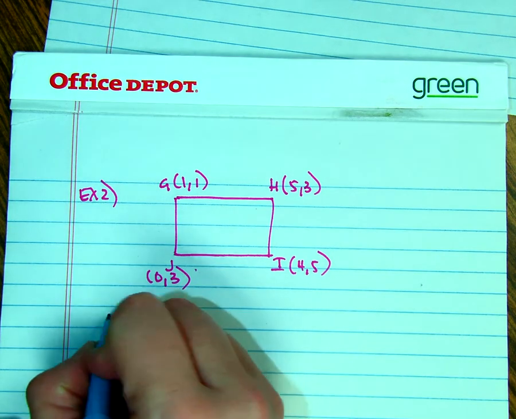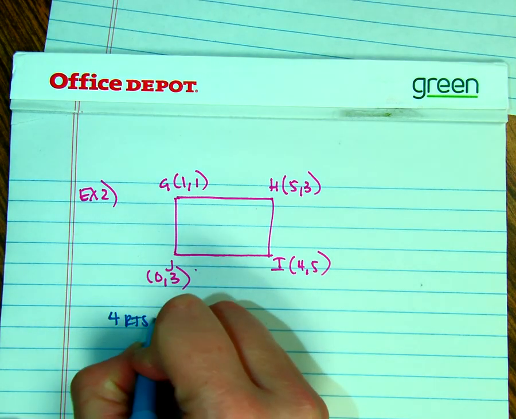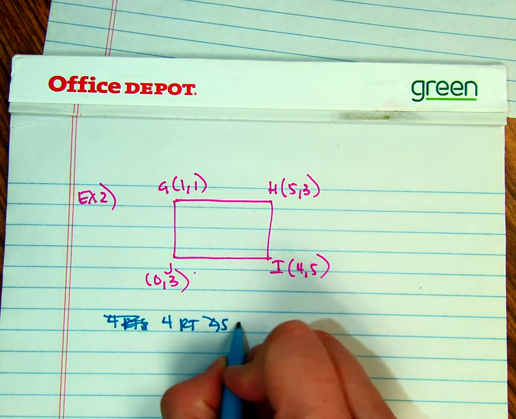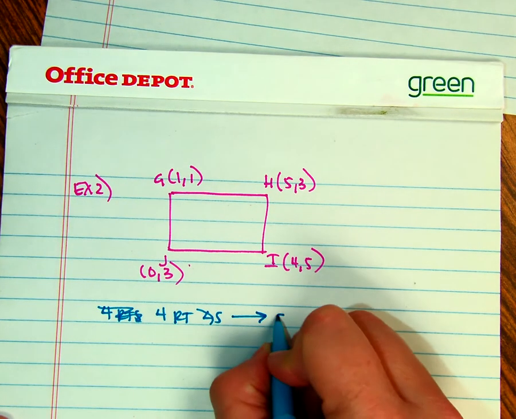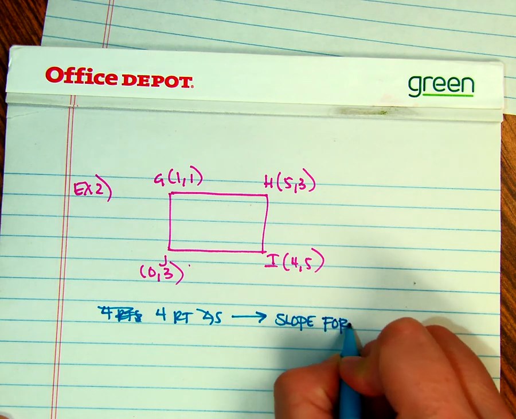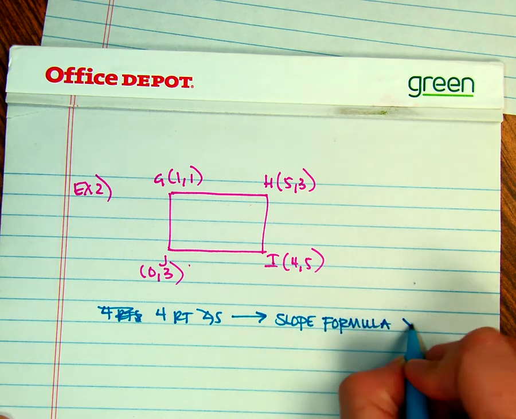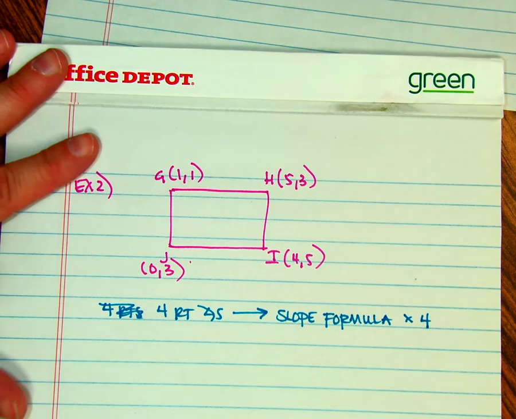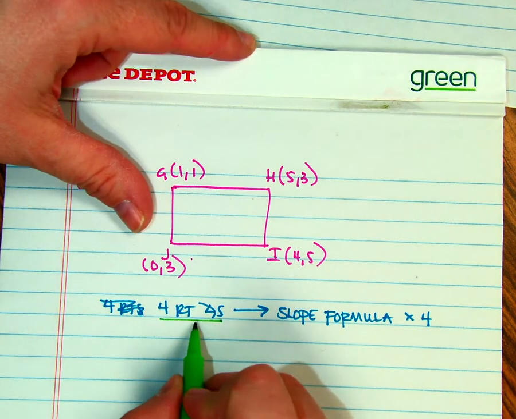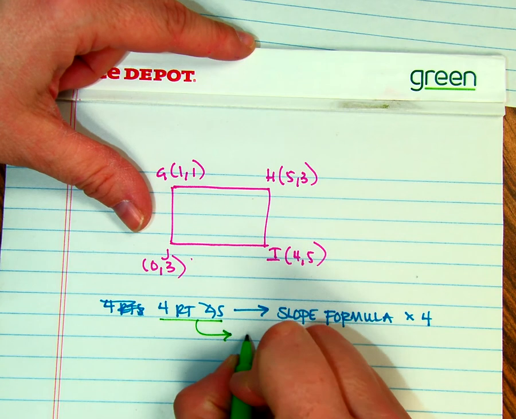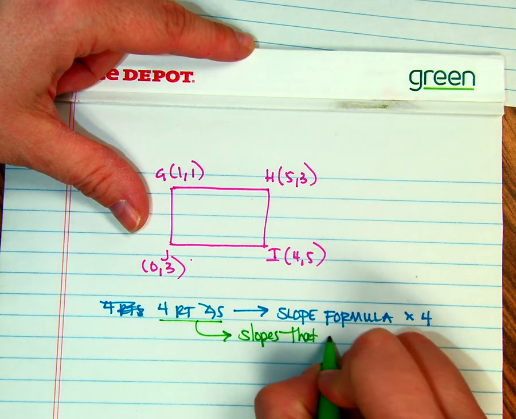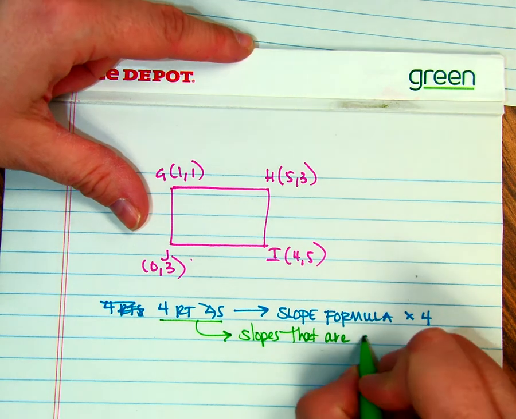So if I am going to show that I have 4 right angles, that means I'm going to have to use the slope formula four times. Because how are we going to show right angles? We need to remember that if we are talking about right angles with slope, we're talking about slopes that are opposite reciprocals.